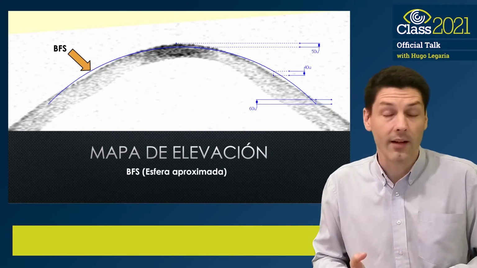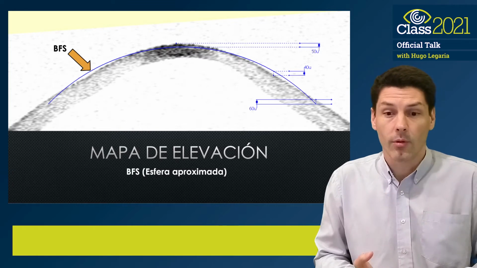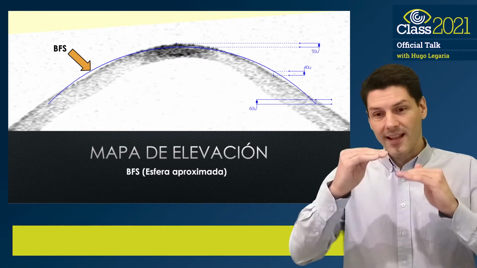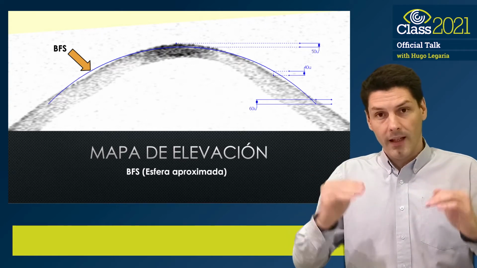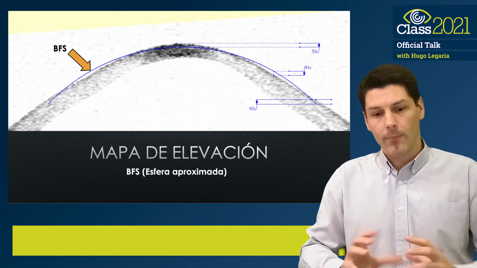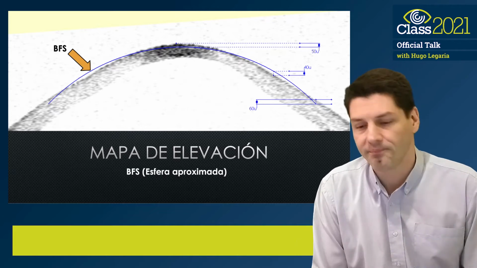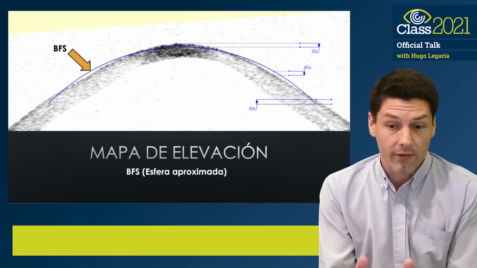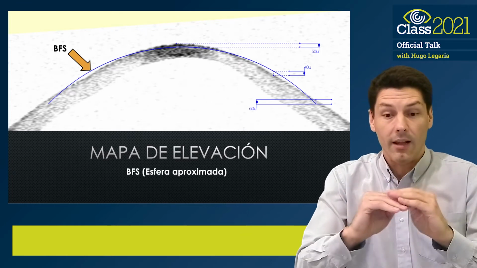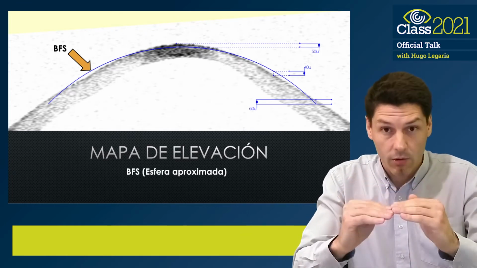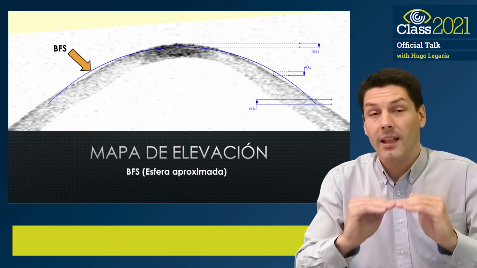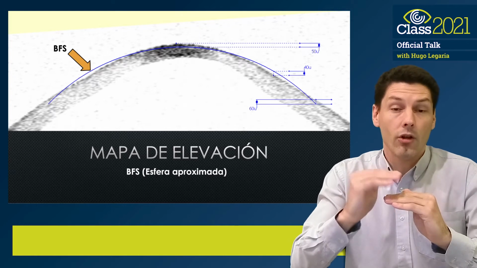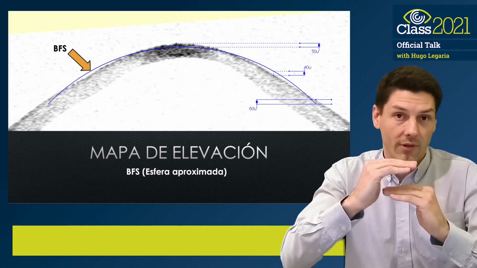Such as high eccentricity or asymmetries, the height differences that it has in each area. The elevation map will produce them in colors, and it works as we are seeing here on a tomography, where the sphere of best fit is below the cornea on the elevation map, and we are going to see the cornea painted in warm colors because it is above the reference sphere.